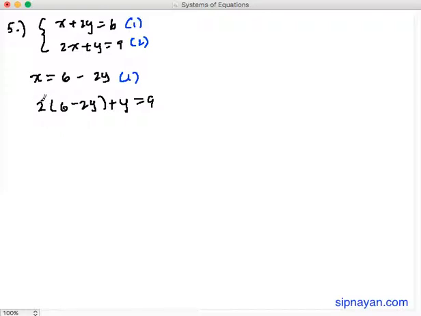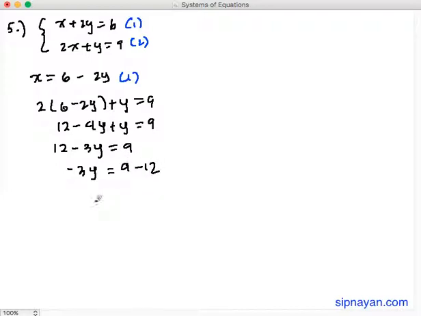By distributive property, 2 times 6 is 12 minus 2 times 2y is 4y plus y equals 9. Then 12 minus 3y equals 9. Subtracting 12 from both sides, we have negative 3y equals 9 minus 12. Negative 3y equals negative 3, and y is equal to 1.